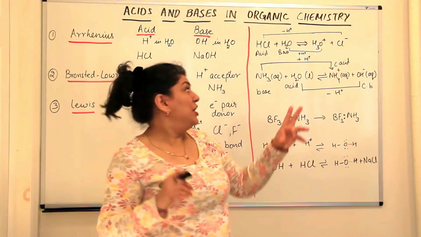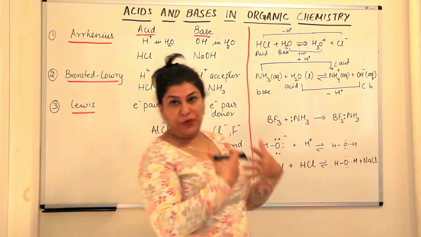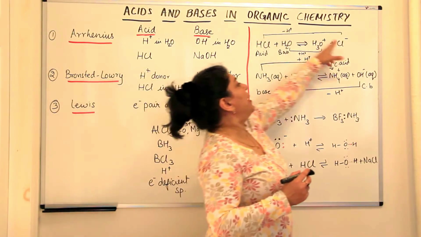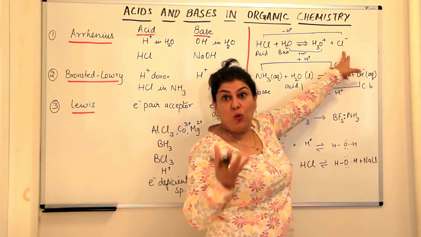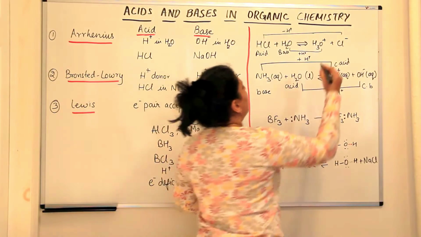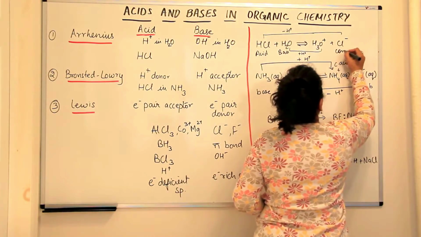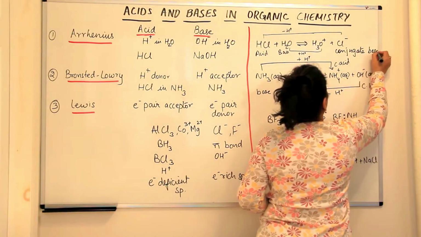So when an acid donates its proton, it gives rise to a base. After losing its proton, what is left behind is a base, and this base is known as the conjugate base.